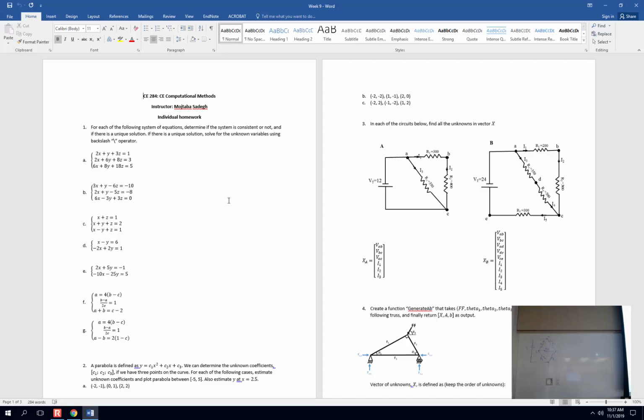No. Similar to current. This is not the same current. So there is a current coming in I. It will not be divided by two, but it will be divided into two sections, I1 and I2. So they can be the same, they cannot be the same. There is no constraint on them being the same or not.